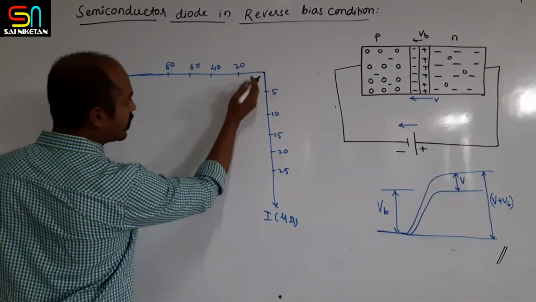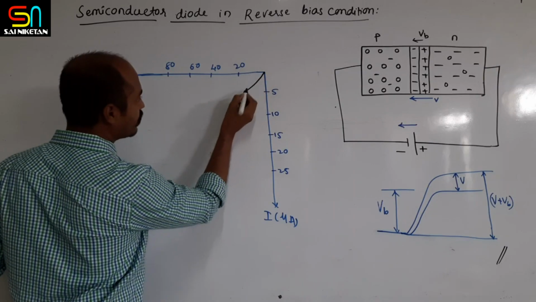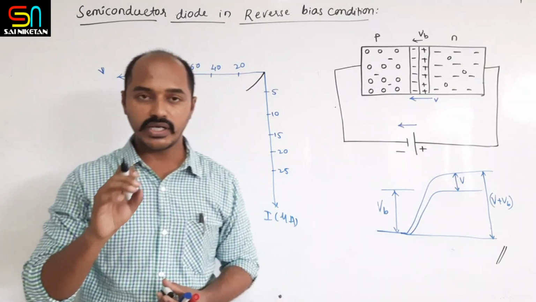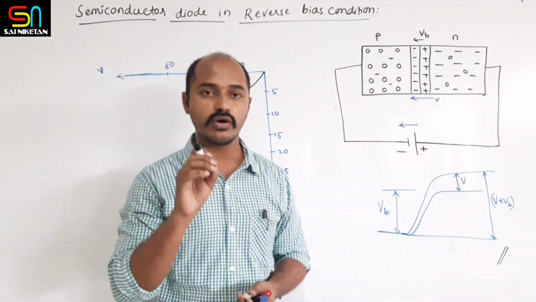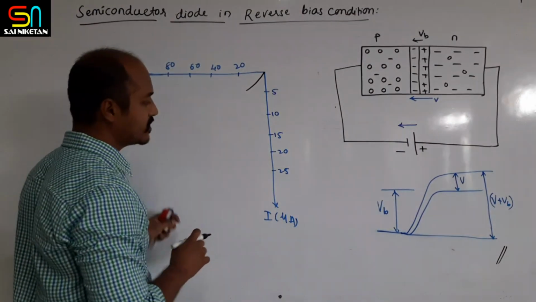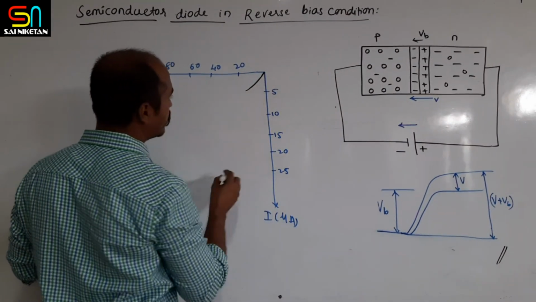As the voltage goes on increasing from 1 to 20, the current is set up. This current is because of the minority charge carriers, and it is called the reverse saturation current.